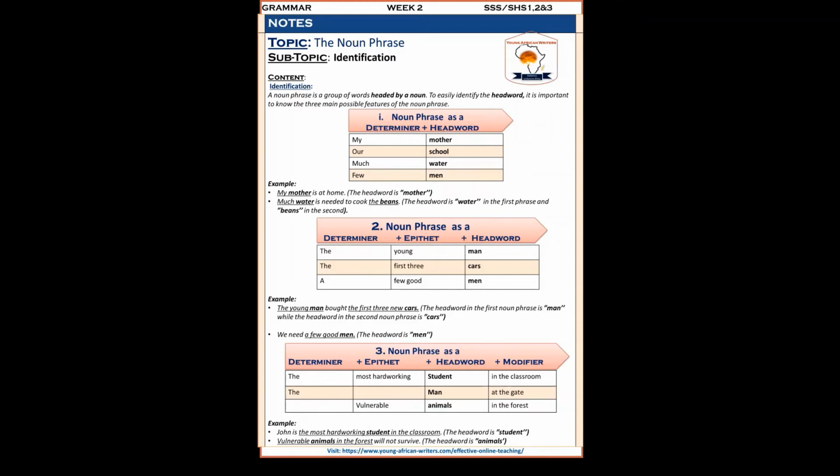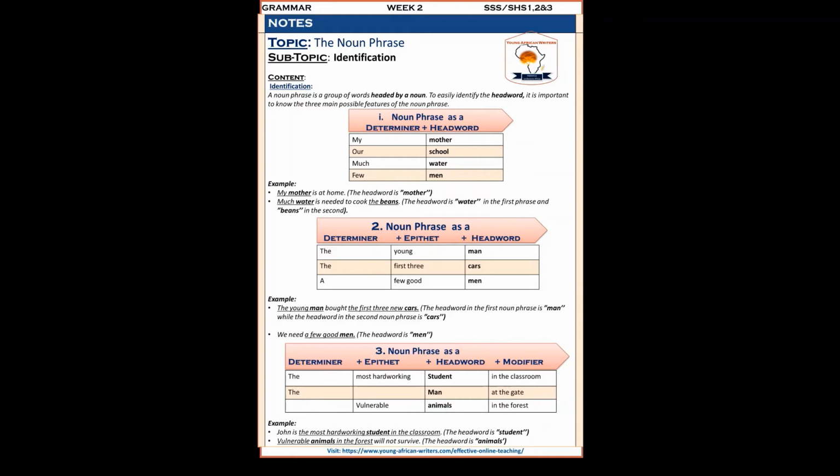To easily identify the head word, it is important to know the 3 main possible features of the noun phrase, namely determiner plus head word, determiner plus epithet plus head word, and determiner plus epithet plus head word plus modifier.